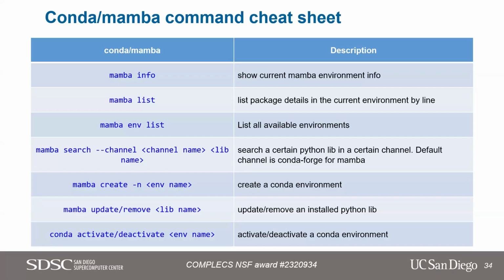But even if you have mamba available, you will still need to use conda activate or deactivate for your conda environment, because that conda hook will only be enabled after you load the Miniforge3.